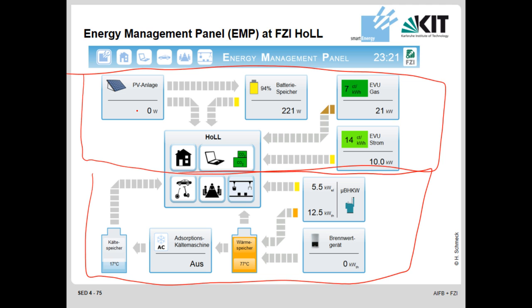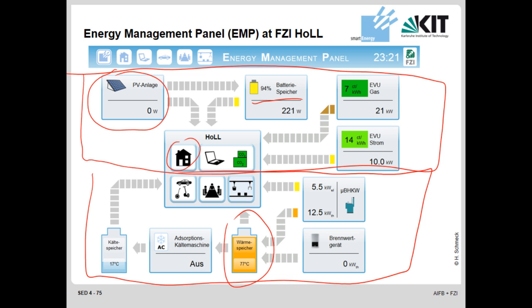And so we have possibilities to look at the power generation from the PV panels. We can look at how the battery is used. We can look at the history of how the state of charge is developing, and also we can go to our smart home. We can look at all the individual devices.